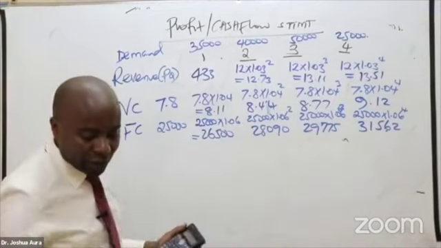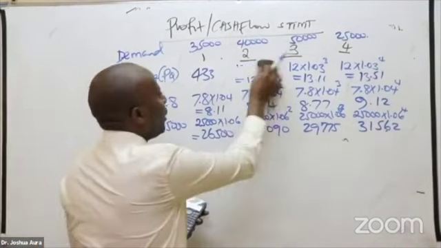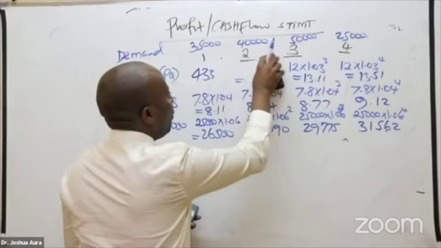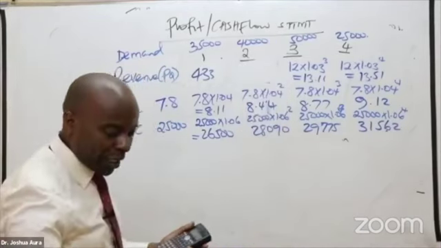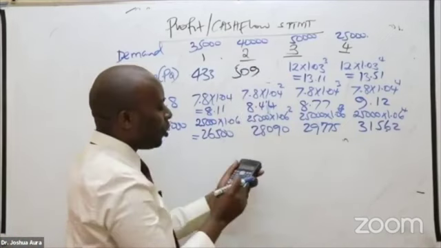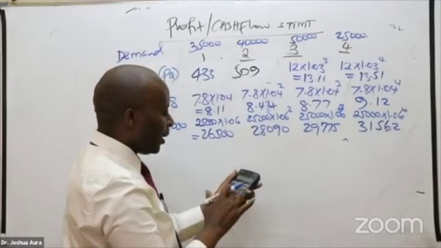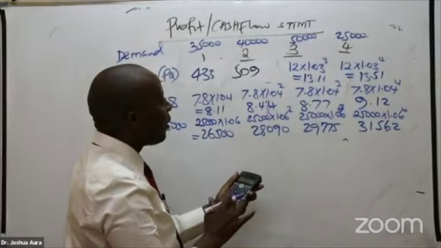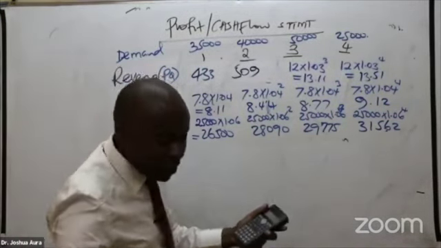So I'm able to get a figure of 509. And if you allow me, ladies and gentlemen, I'll go to the next one, which is 50,000 times 13.11 divided by 1,000.